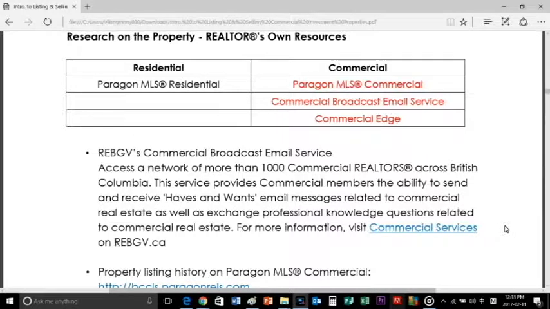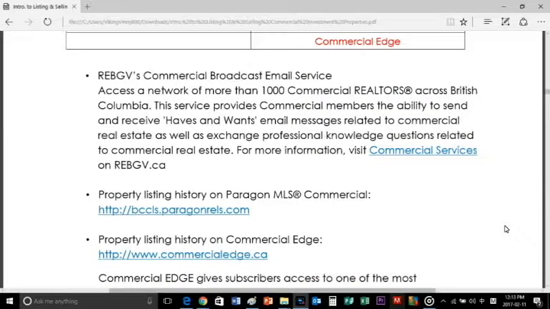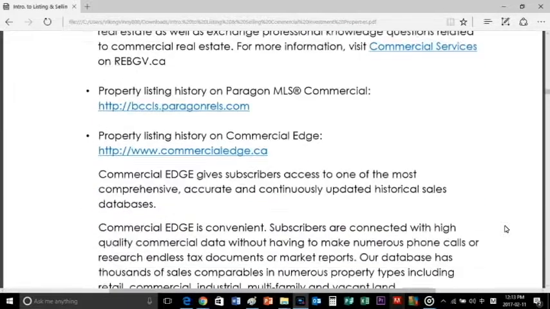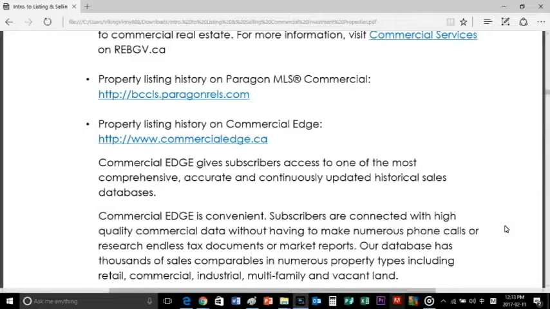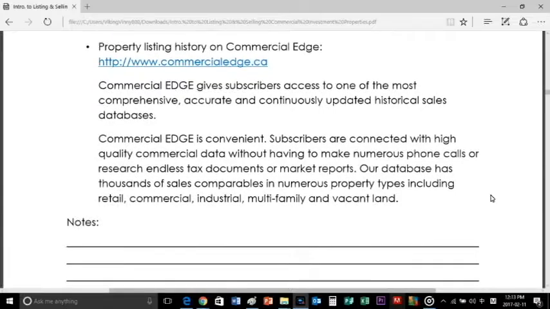For more information, visit commercial services on rebgv.ca. Property listing history on Paragon MLS Commercial. Property listing history on Commercial Edge, and that's commercialedge.ca. Commercial Edge gives subscribers access to one of the most comprehensive, accurate, and continuously updated historical sales databases.